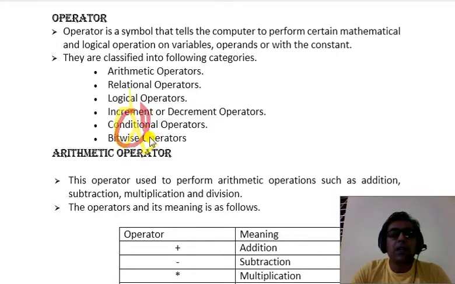For example, now I am taking one value. For example, A is equal to 10 and B is equal to 20.